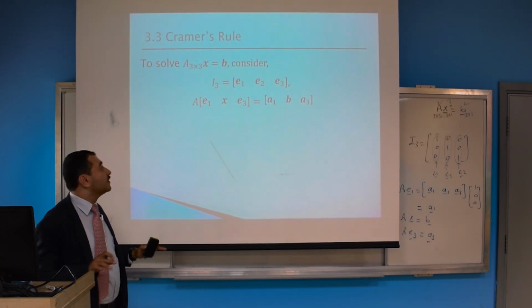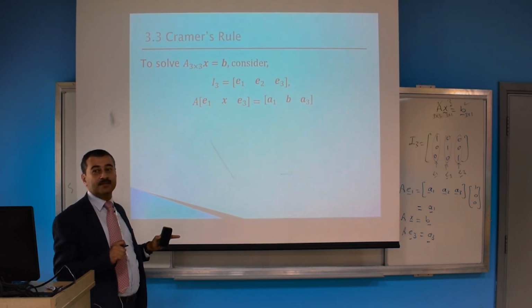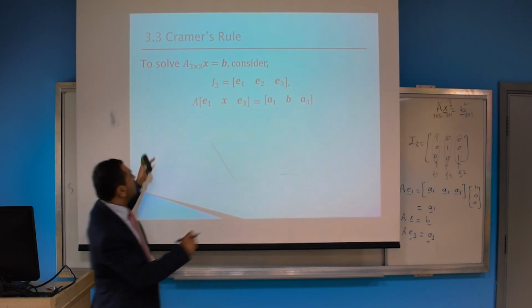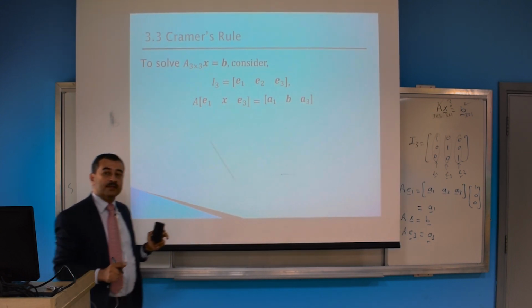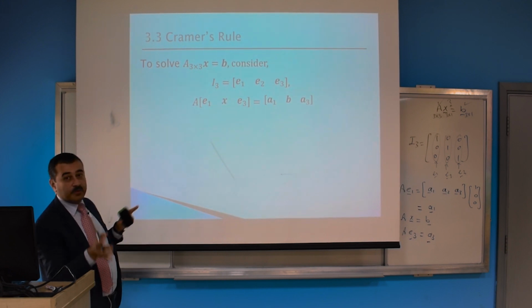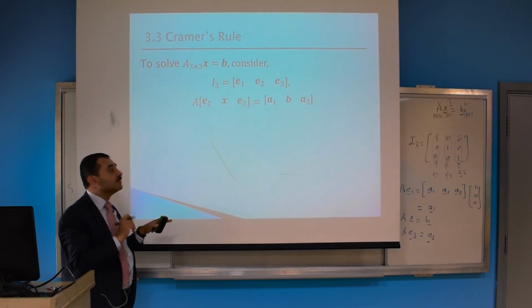Let's take the determinant of both sides. We have here the determinant of a product of two matrices, and the determinant of the product equals the product of the determinants.